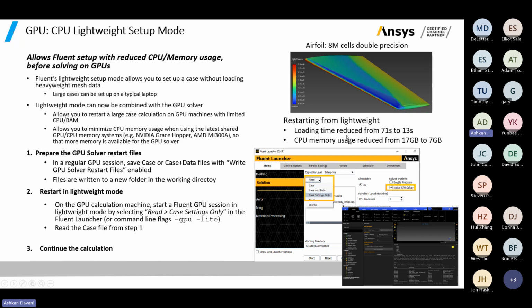The memory usage per CPU went down from 17 gigabytes to 7 gigabytes. So again, this gives us the ability to load the cases on even laptops and set up the case there, save it using case settings only, which is another name for the lightweight setup. Then on the GPU machine, we can just load the regular case and run the computations.